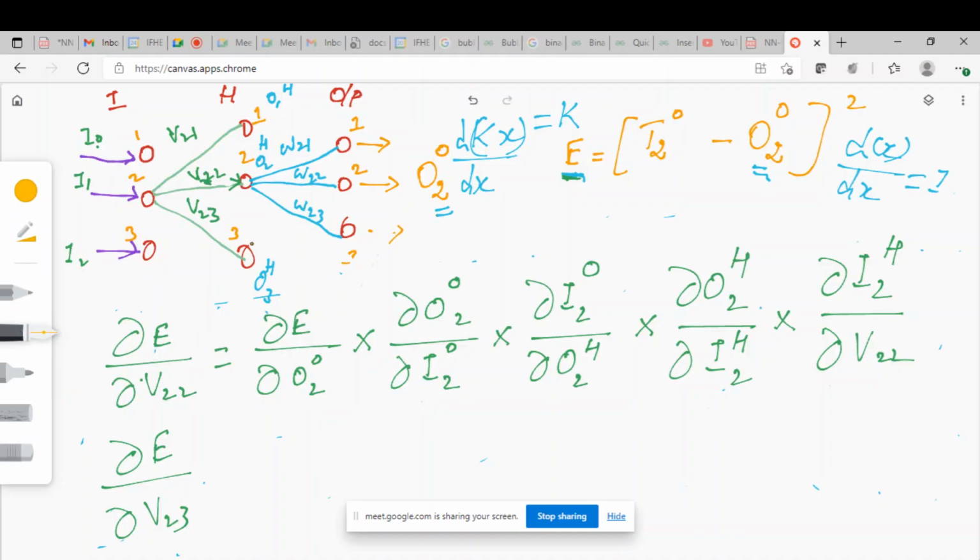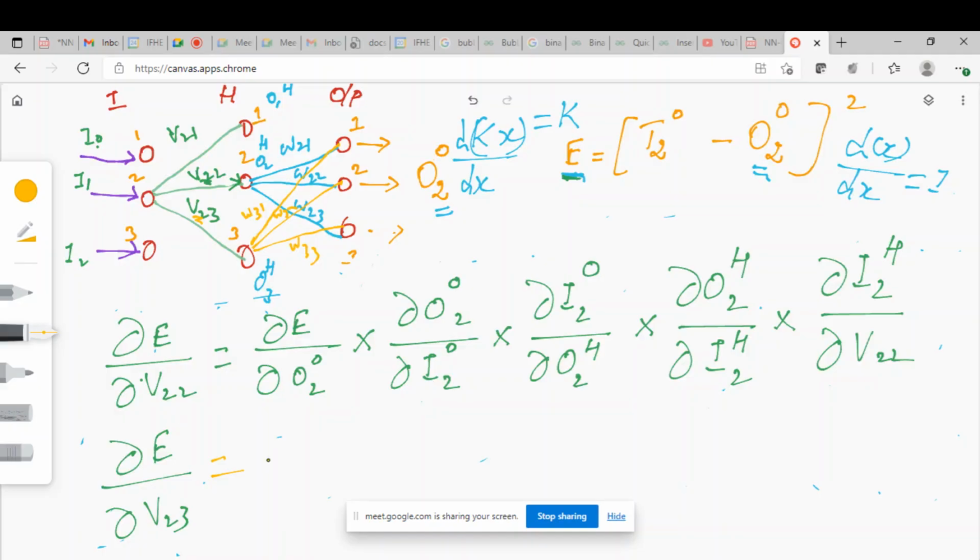So this neuron is connected with all the others: W31, W32, W33, but we are interested in only this. With this output only we are talking. How much will this error change if I change this weight V23? So how will this equation look now?